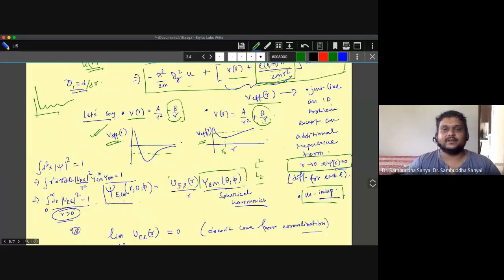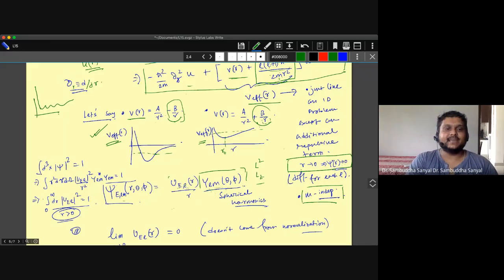That, of course, depends on the problem. If it's a bound state, it will be quantized. If it's not a bound state, it won't be quantized. That's why I keep the index E. And then there will be an angular momentum component, or an L component. I have not used the word angular momentum extensively, so let's just call it the azimuthal quantum number L. That will be the full form of my solution.